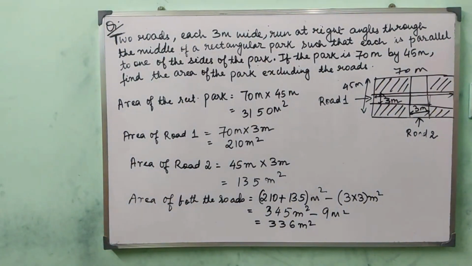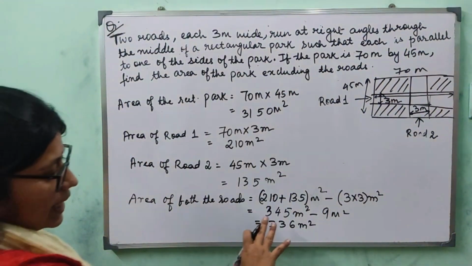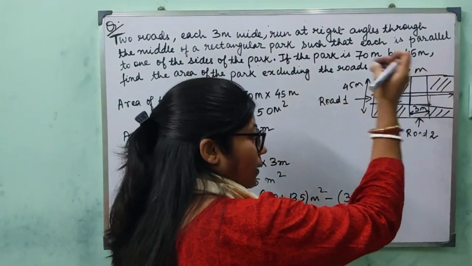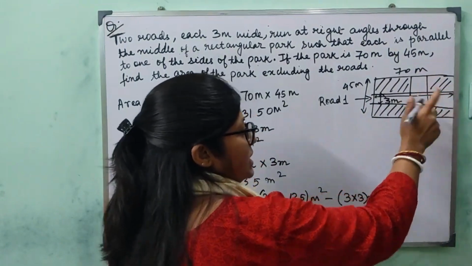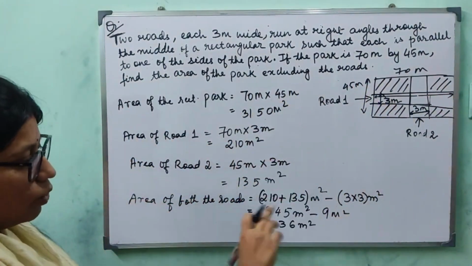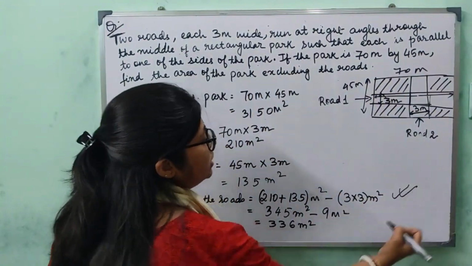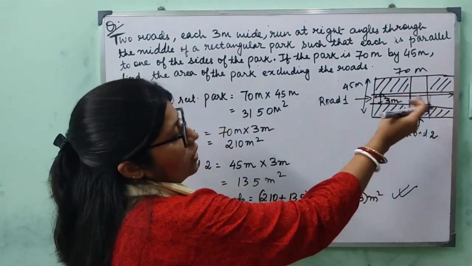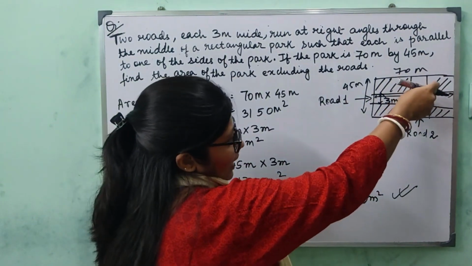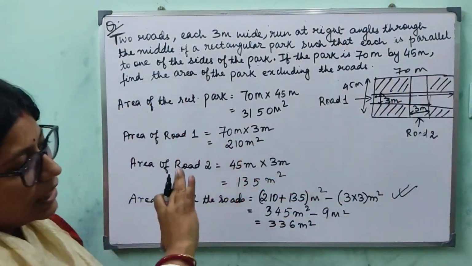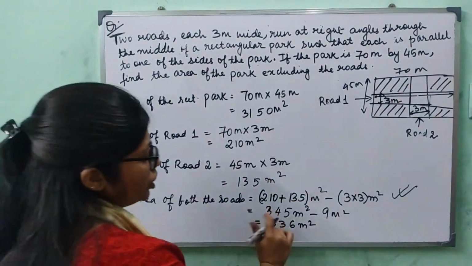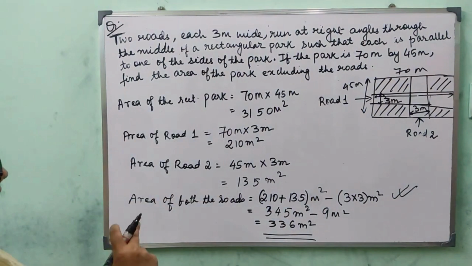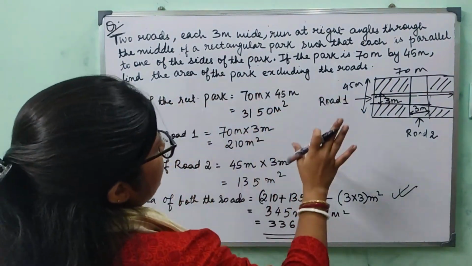So this is the area of both the roads, keeping in mind that this portion is taken only once. The overlapping part, which was taken twice while considering both the areas, is removed once. So this gives me the area of both the roads. Now 3/4 of the sum is done.